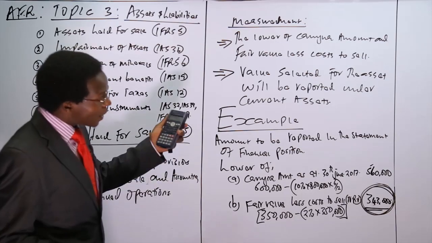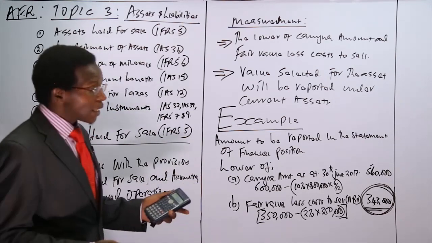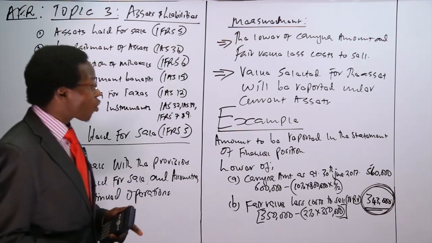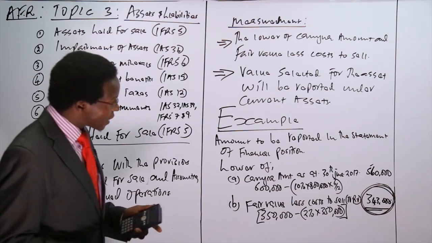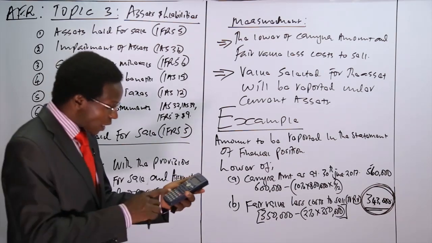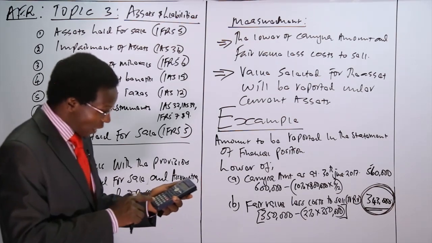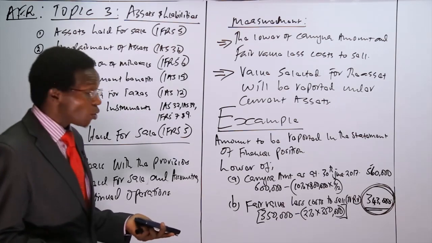If you compare the net book value that we reported and the fair value, there is a loss on recognition. The net book value was 600,000. So if you take the 600,000 minus the 343,000, there is 257,000. So there is a loss.